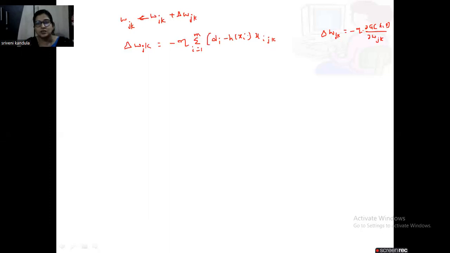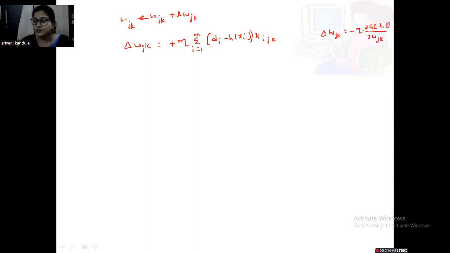As per the back propagation, it should be minus eta if you are taking gradient descent. But our aim is not to minimize, but we want to maximize. So instead of gradient descent, we want to take gradient ascent. So we take a positive value here. So delta wjk is plus eta sigma i equals 1 to m (di minus h(xi)) multiplied with xijk. Here we are assuming a single layer perceptron only for simplicity.